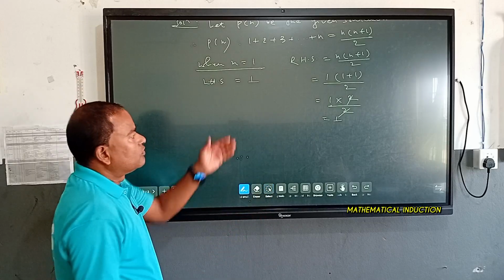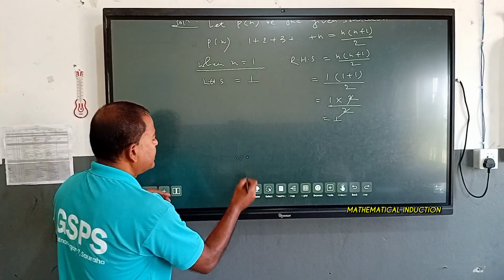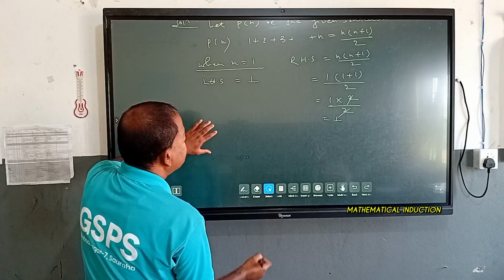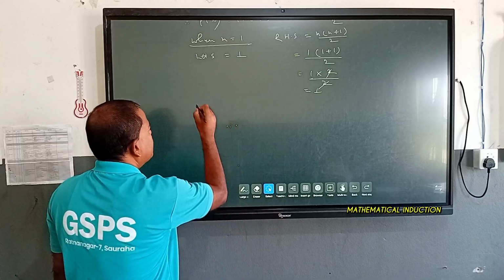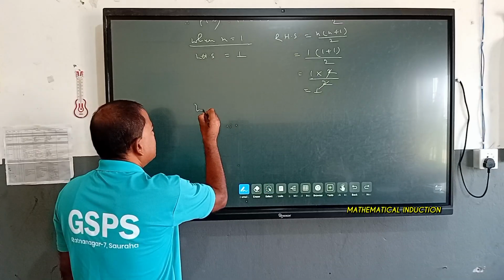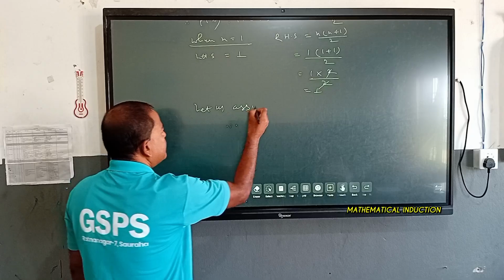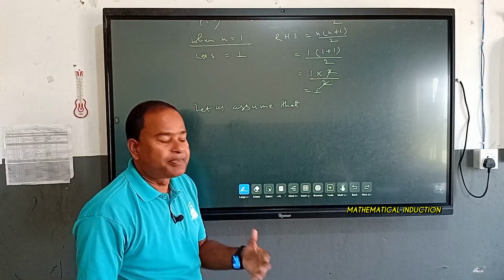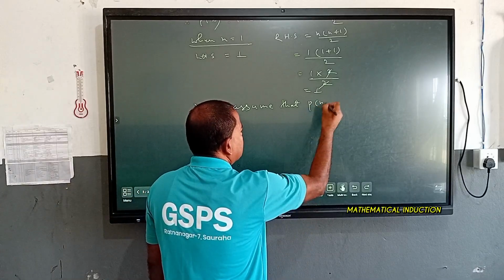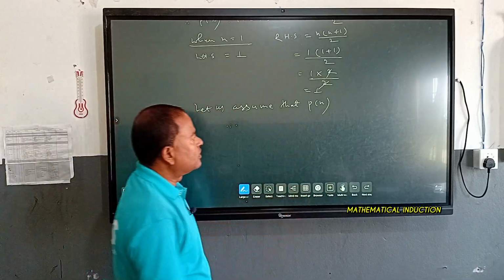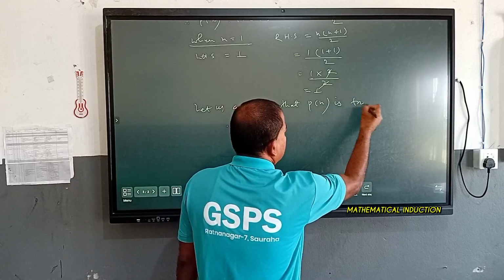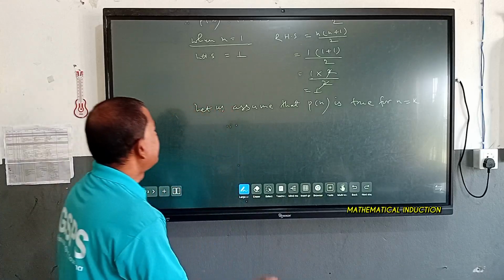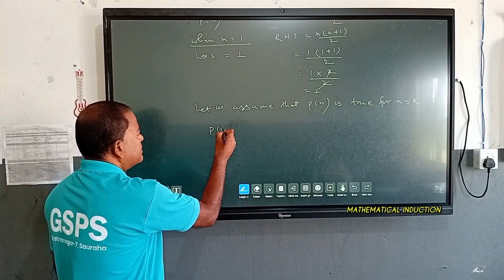So dear students, now let us assume that the given statement, that means Pn, is true for n equals k.